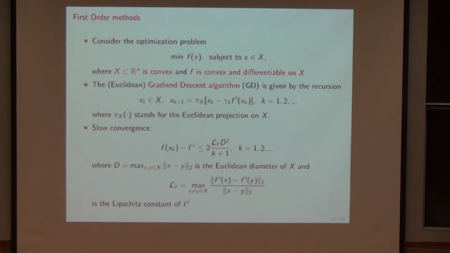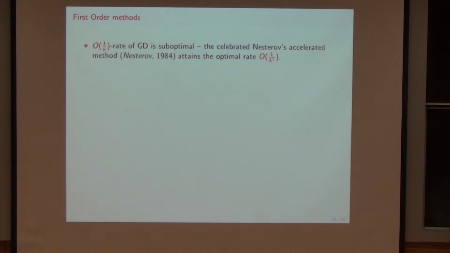So the convergence is fast, but in statistical problems we don't need high accuracy, and this is very nice. There was big research in the 70s and 80s on first order methods, but the results remained unused.